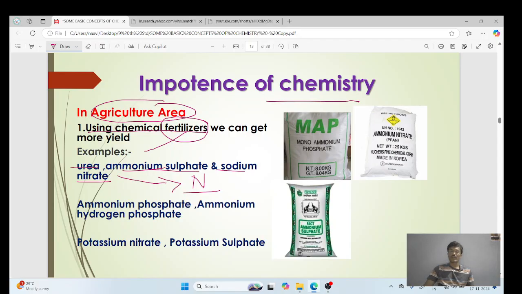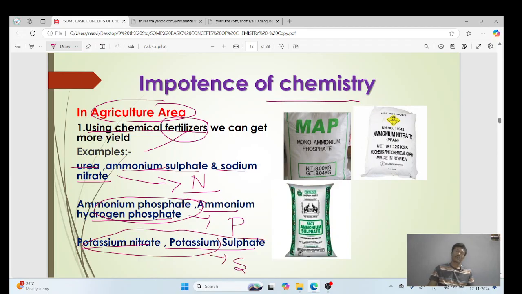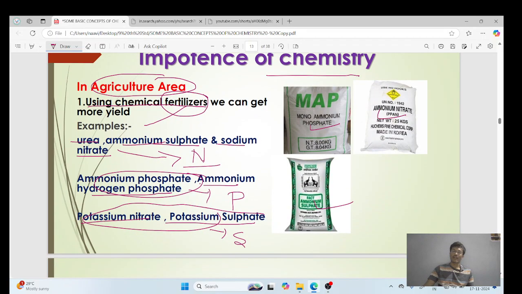Ammonium phosphate, ammonium hydrogen phosphate, these chemicals give phosphate. Potassium nitrate and potassium sulfate give sulfur-containing chemicals. Here, monoammonium phosphate, ammonium nitrate, ammonium sulfate, these are the fertilizers which we can use in farmland to enhance the growth of the plant and yield.